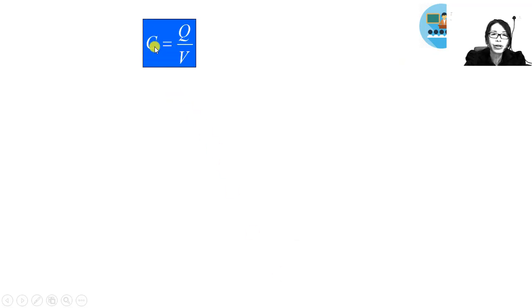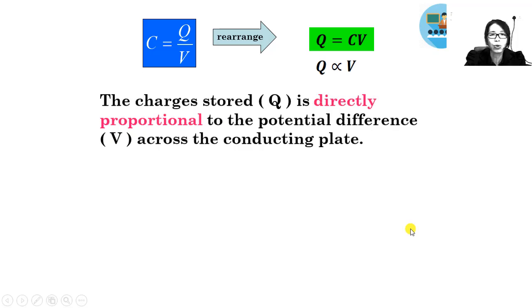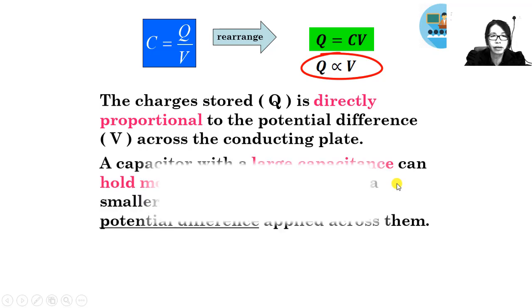From the equation C equals Q over V, when we rearrange, we get Q equals CV. So we find that the charge stored Q is directly proportional to the potential difference across the conducting plates in the capacitor.